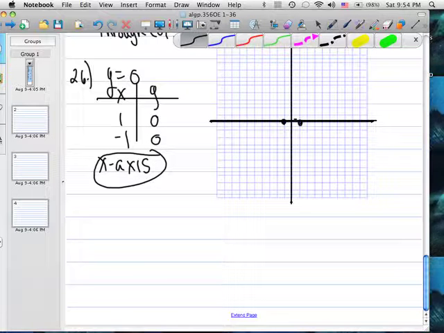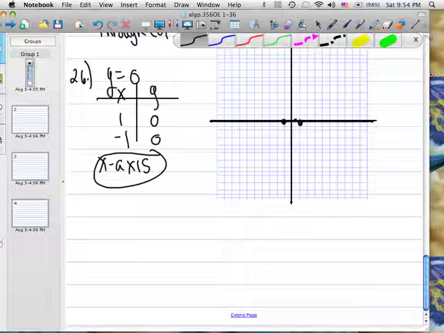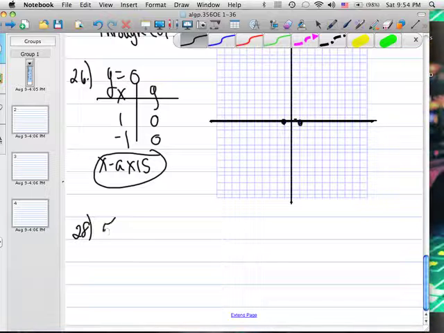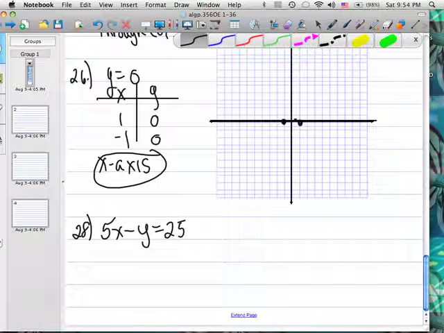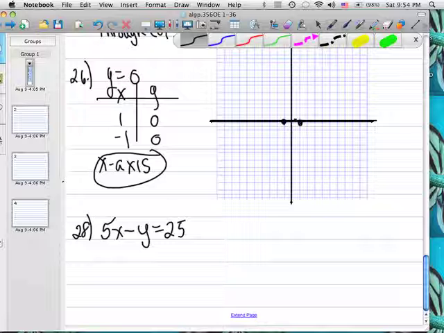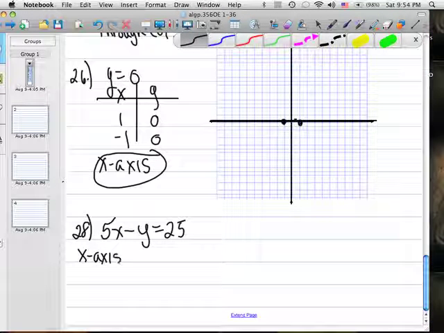In the next section, 27 through 29, give the coordinates of the points where the graph of each equation crosses the x and y axis. So number 28, I have 5x minus y equals 25. And I want to know where it crosses the x-axis and then the y-axis.